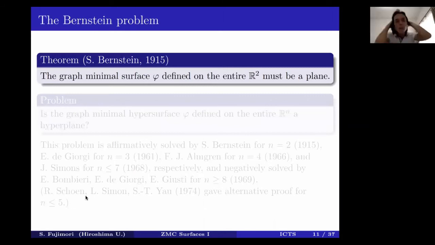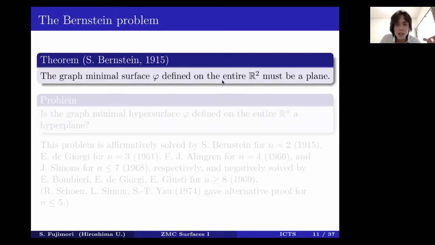And I'd like to introduce the Bernstein problem. Now, this is classical, but interesting. The theorem by Bernstein is that a graph minimal surface defined on the entire R2 must be a plane.